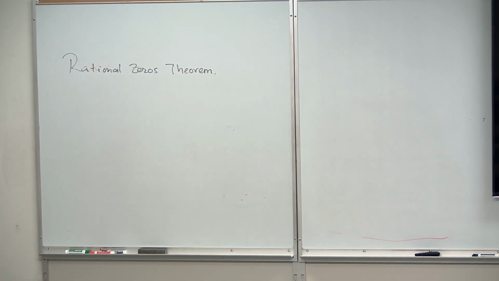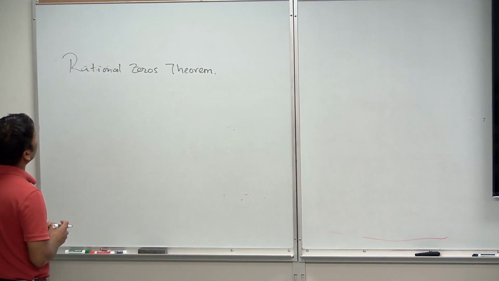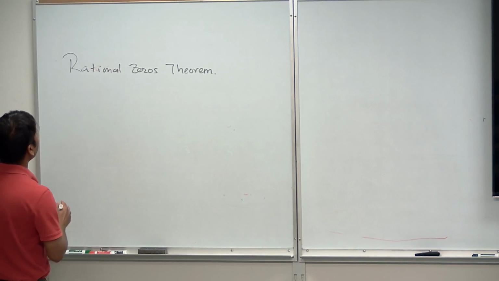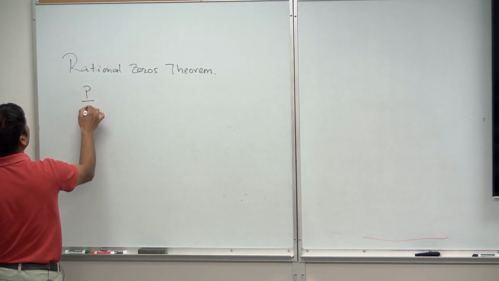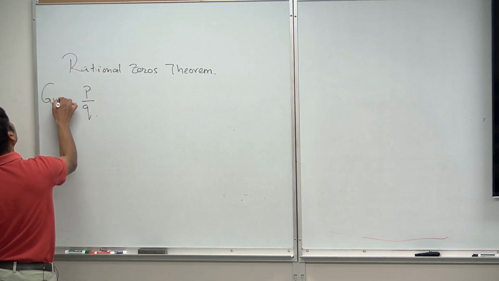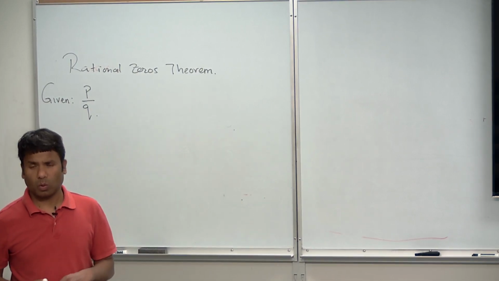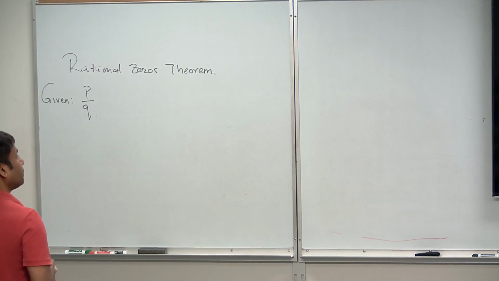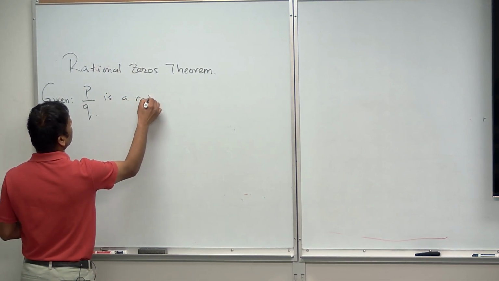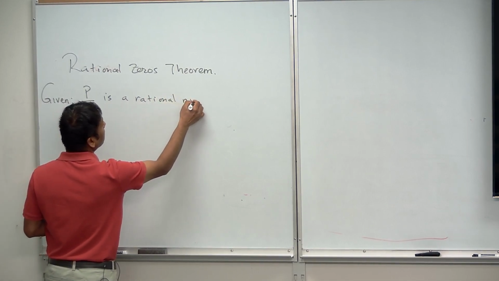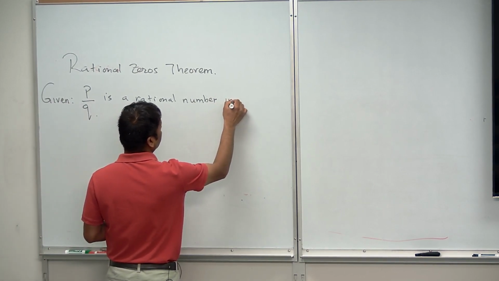You have a polynomial function, and let's say P over Q is given. So P over Q is a rational number in lowest terms.